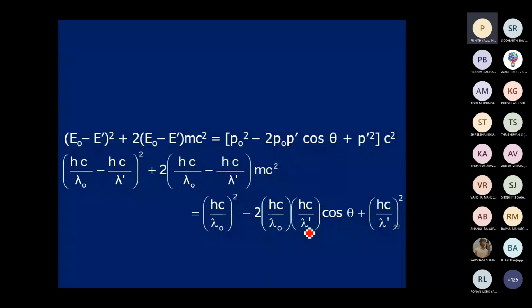It is C squared here; for convenience we have taken it inside and written it as C into C. Now expand the first term on the left hand side. This is your left hand side and this is your right hand side of the equation.